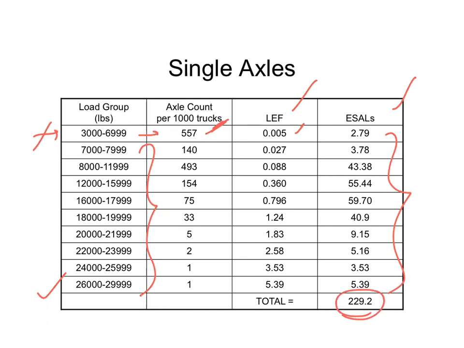In the class of single axles there are different load groups, with counts of passes for the respective load groups, and when converted to the standard axle, you get that 1000 vehicles are equivalent to 229.2 passes of standard axle load.